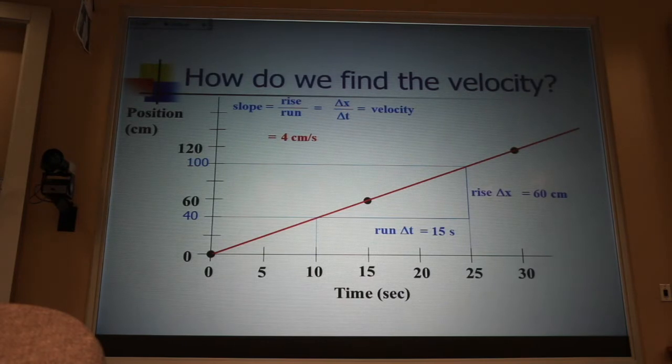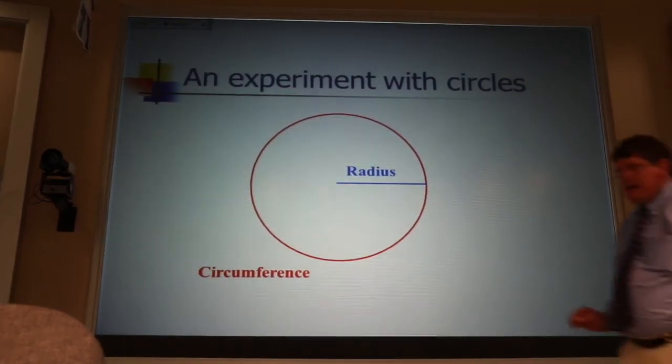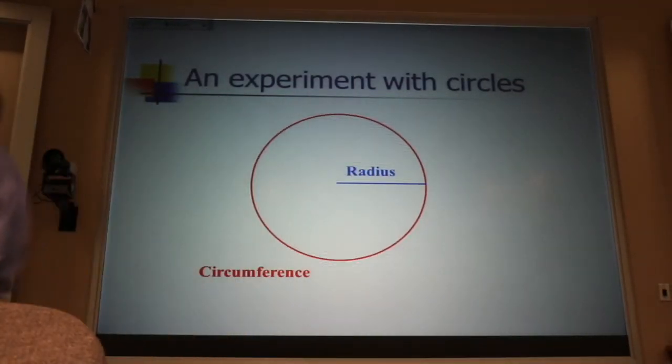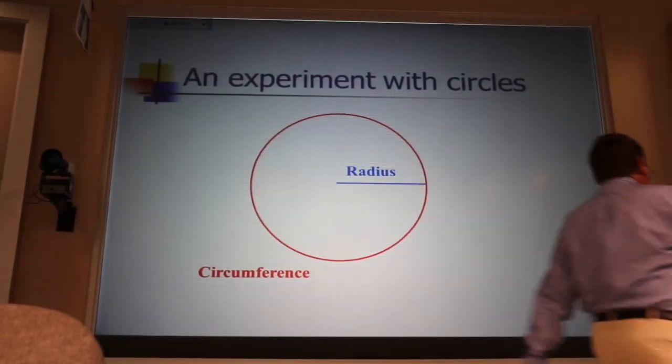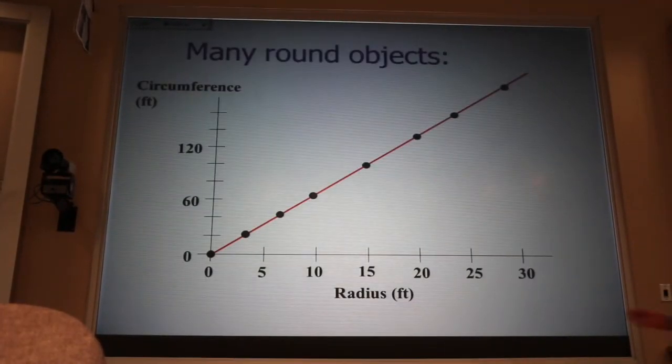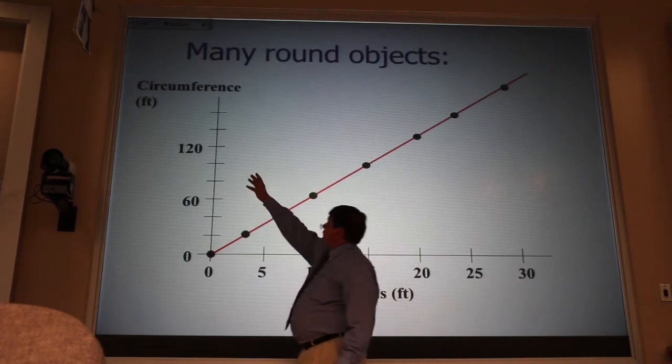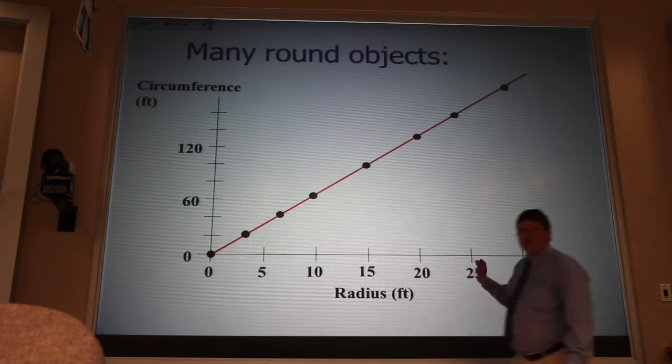Now, we're going to do something completely different. I'm going to look around the room, and I'm going to find everything I can that is circular. Everything that I find, I'm going to measure the circumference and the radius. And I'm going to do this with all sorts of objects. I will then plot them on a graph, where the vertical axis is circumference, the horizontal one is radius.